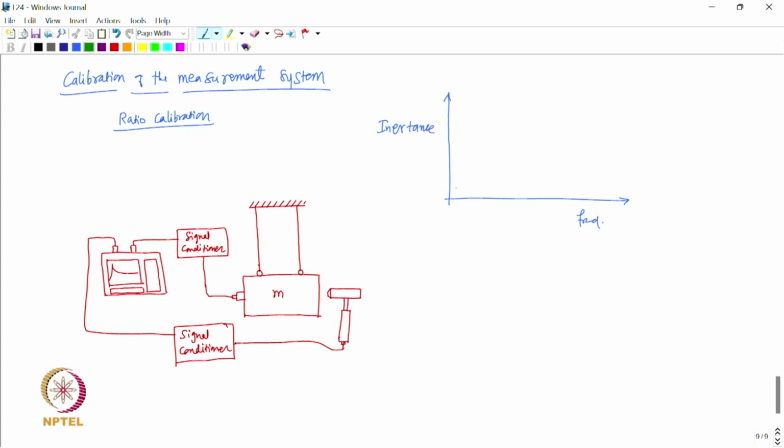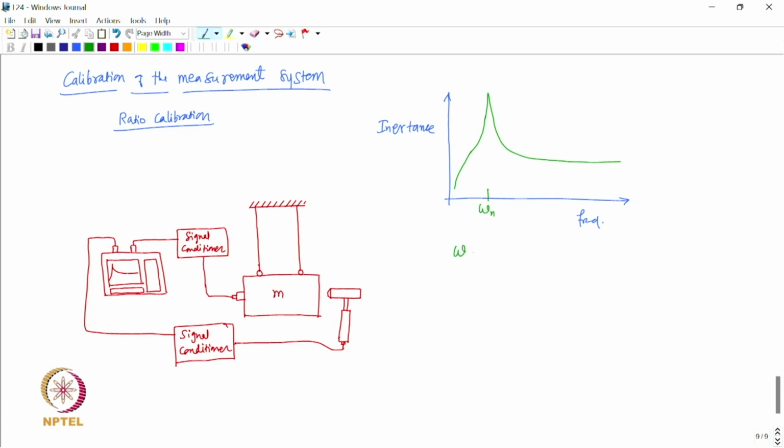So, it looks like this. Okay. So what we note is that this is the natural frequency of the pendulum, right.